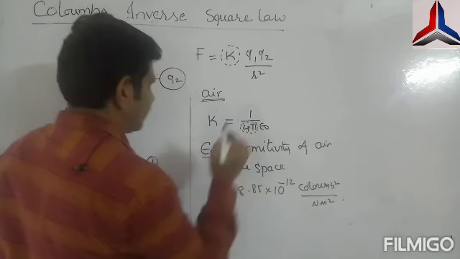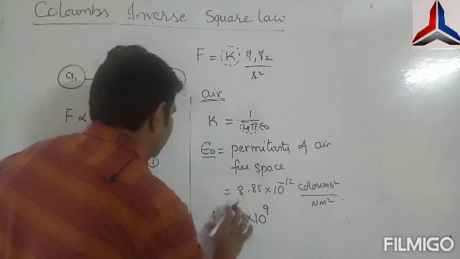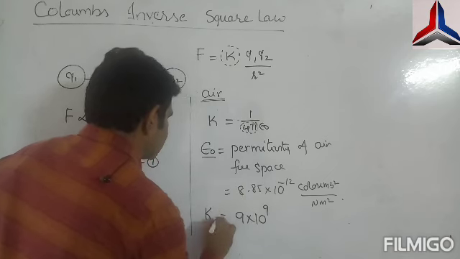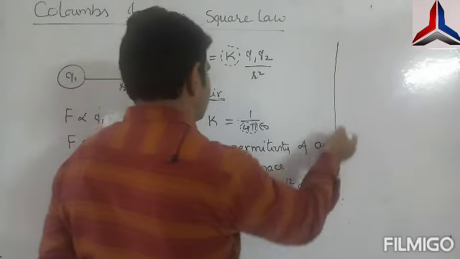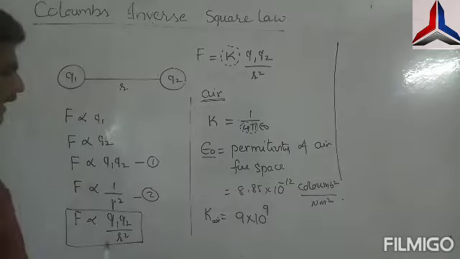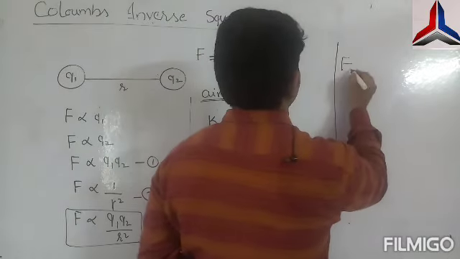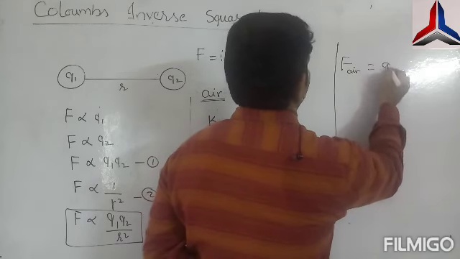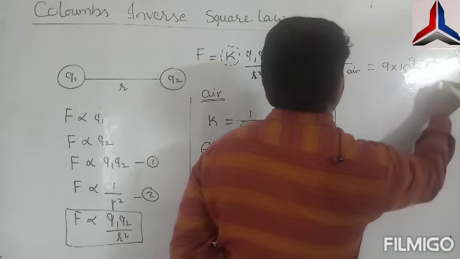If you put this epsilon naught value here, you get K as 9 into 10 to the power of 9 in air. So if two charges are separated in air, the force between them is F is equal to 9 into 10 to the power of 9 Q1 Q2 by R square.